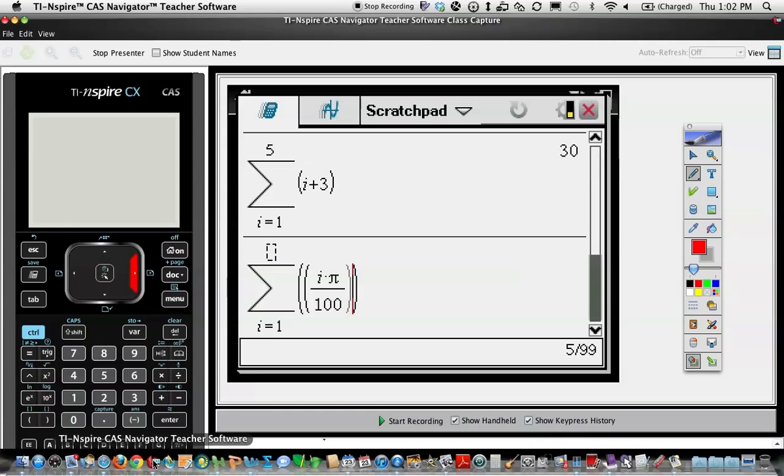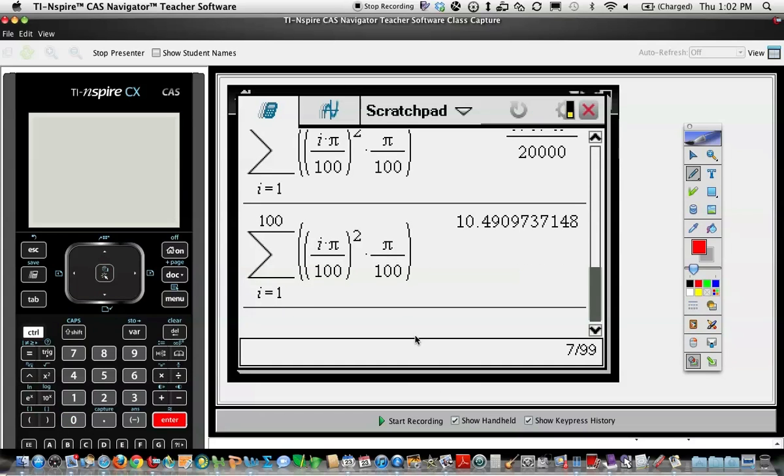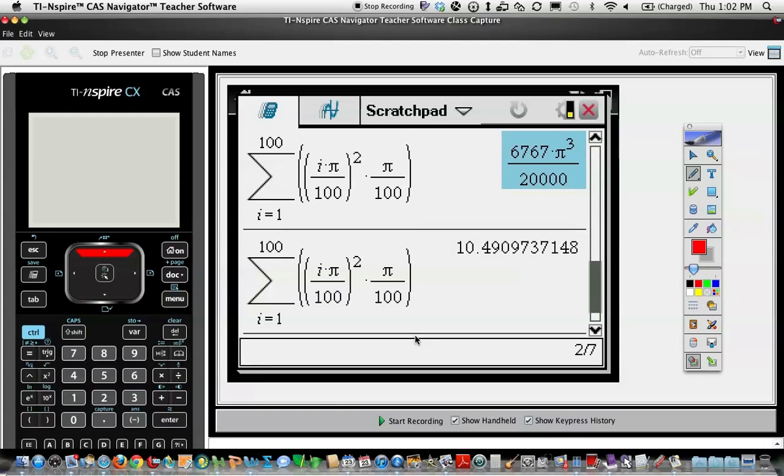Which would be 10 point... Let Jacob finish that. There we go. Okay. And as a decimal, what is it? 10.491.